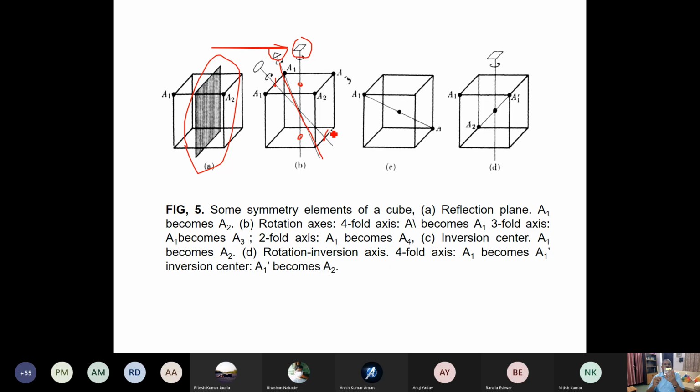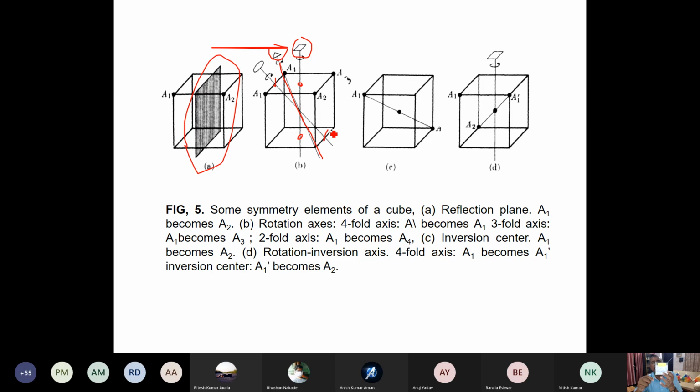Watch carefully. I rotate it. Then, after 180 degree rotation, I get the cube. Now another 180 degree rotation. Do you see the cube? Yes, sir. With the sticker back.